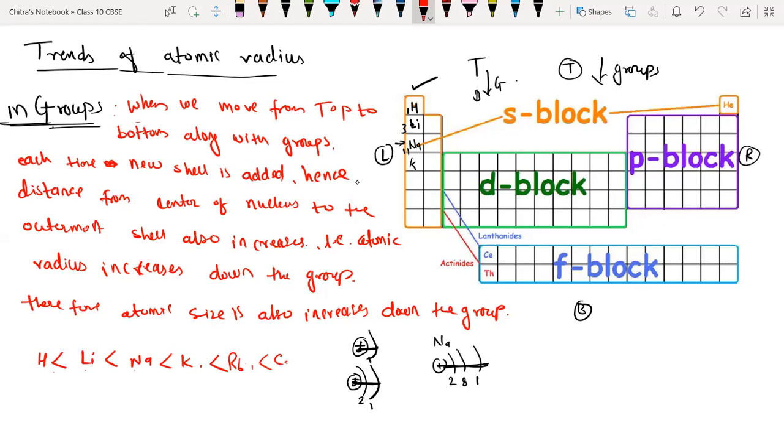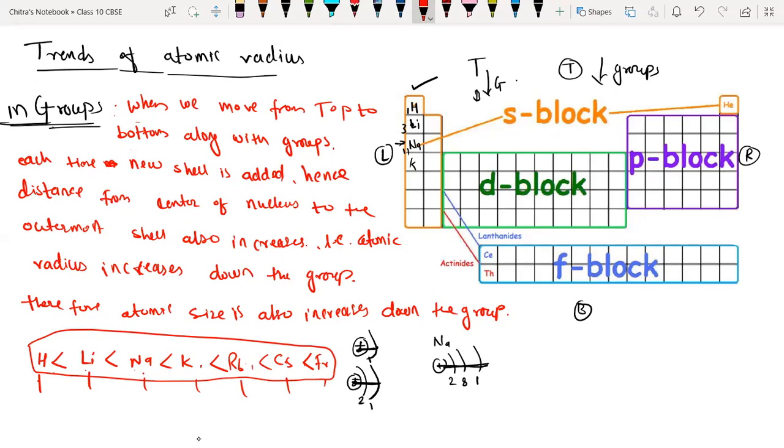It is like a phonic song in order to remember the names: Happy little nasty kids rub cat's fur. So here we have cesium and francium, Fr. Likewise, we can compare the size of elements from the same or different group. Understood?